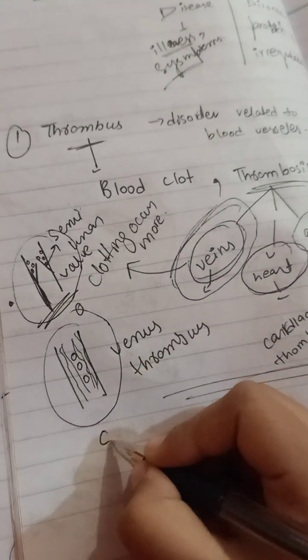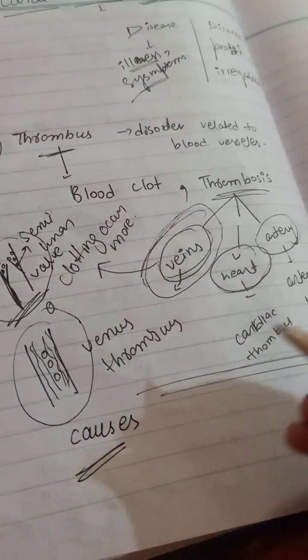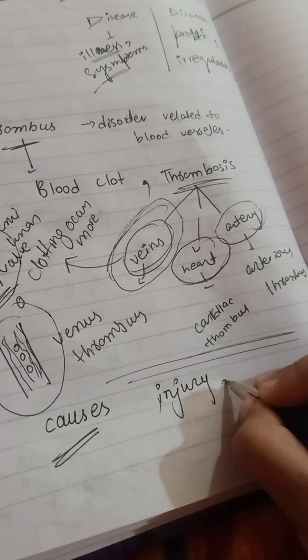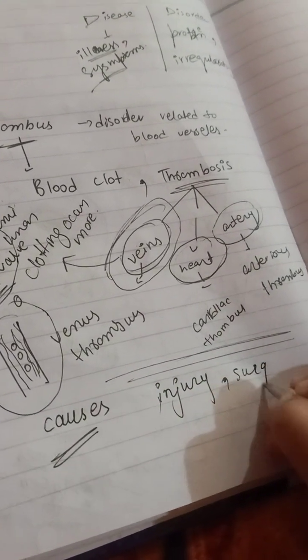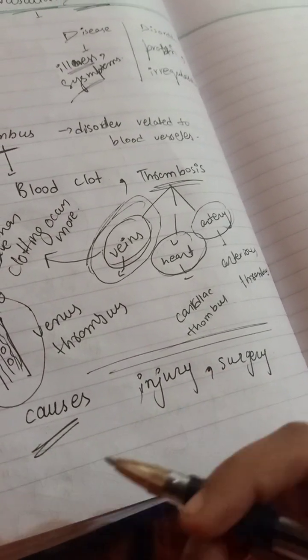If we talk about the causes, what is the reason for this thrombus? It is injury or surgery. We also have fibrinogen and platelets.